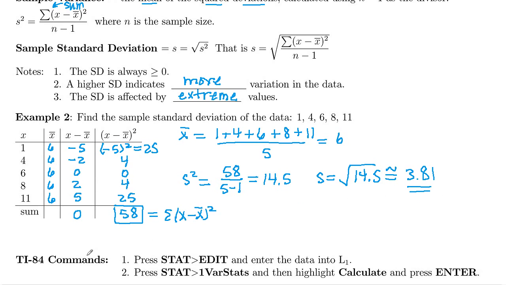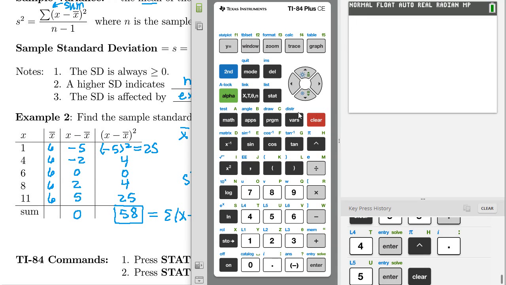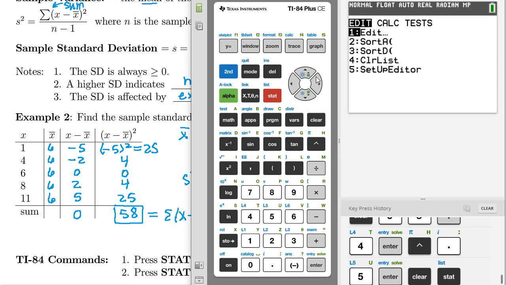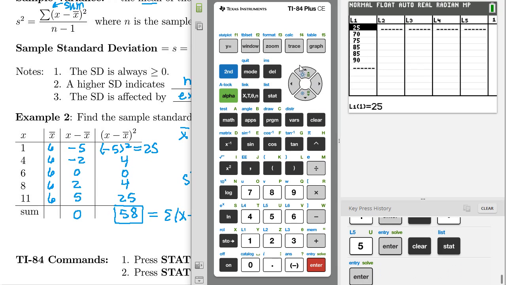To figure this on the TI-84, you just use stat edit to enter the data into a list and then do one variable stats. So let's do that real quick. I'm going to go to stat and edit. Let's clear out our list.